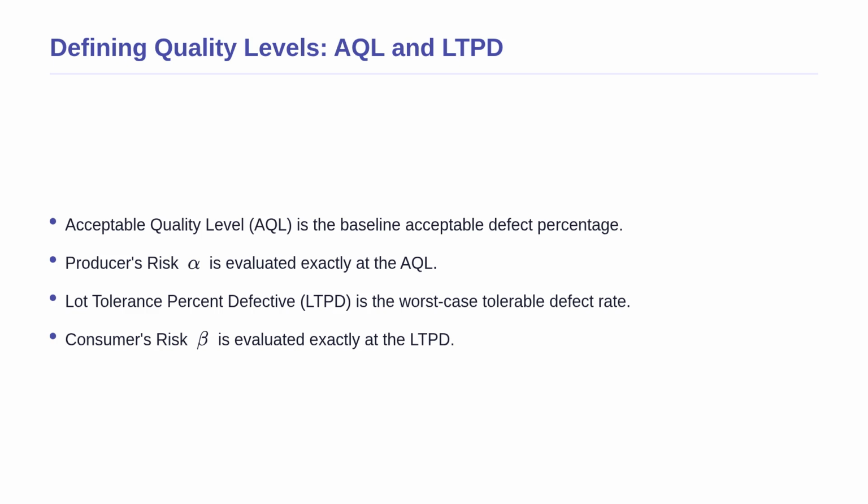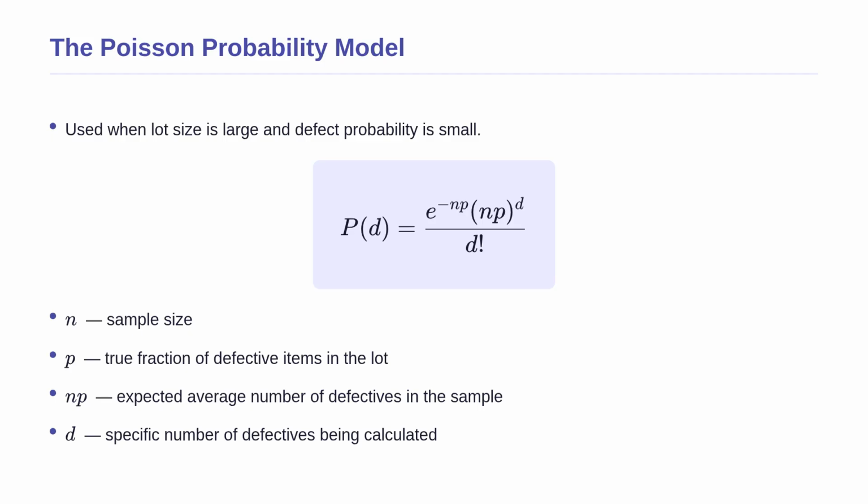On the flip side, the lot tolerance percent defective, or LTPD, is the absolute worst case defect rate the consumer is willing to tolerate. The consumer's risk is evaluated at this LTPD. These two benchmarks allow us to mathematically balance the fairness of the sampling plan for both the buyer and the seller.